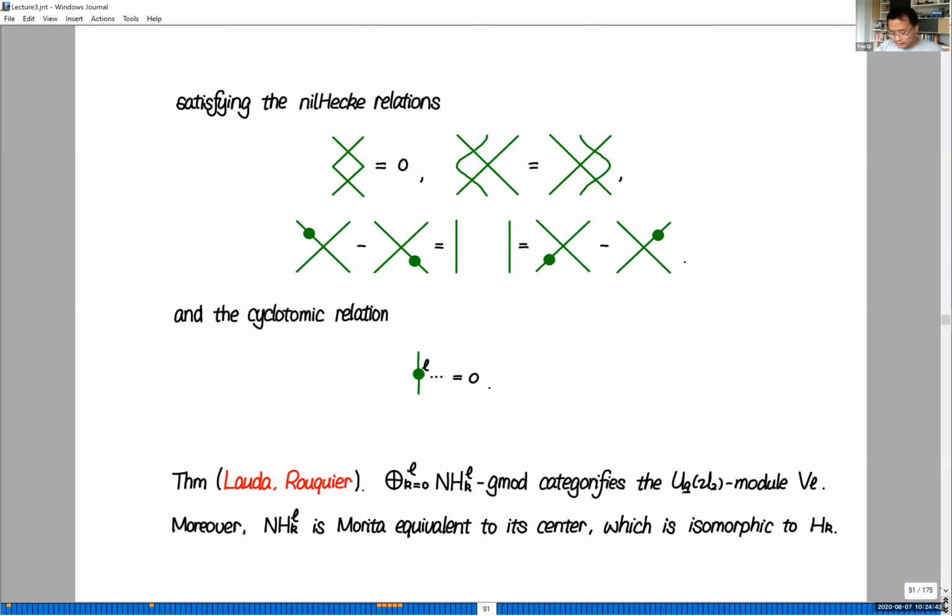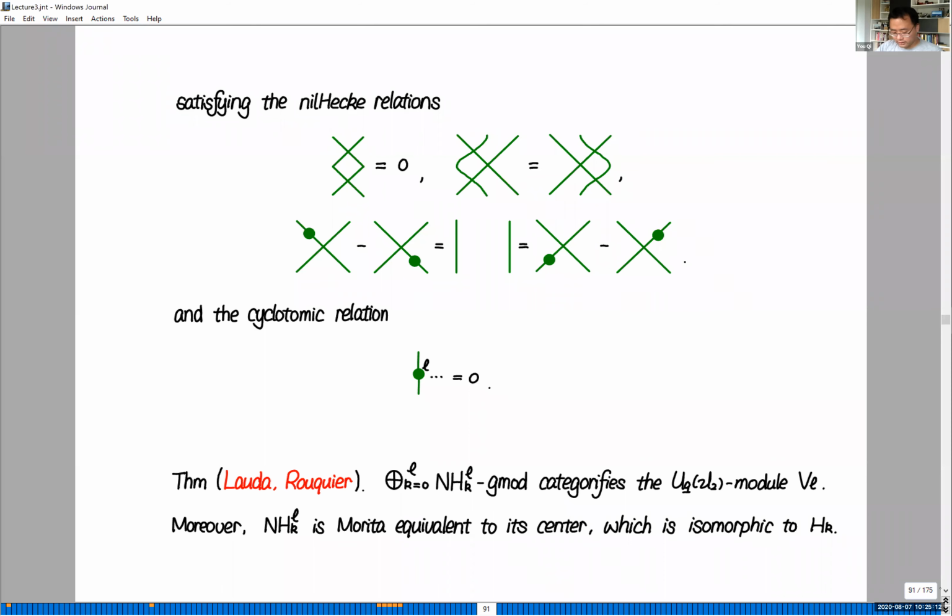Using this, you can give a very nice algebraic, combinatorial description: the cyclotomic quotient of the nil-Hecke algebra is subject to the equation that whenever you see x_1, the polynomial generator, to the Lth power on the first strand, it annihilates the entire picture. This quotient algebra is called the cyclotomic nil-Hecke algebra, and it categorifies the U_q(sl2) module V_L.